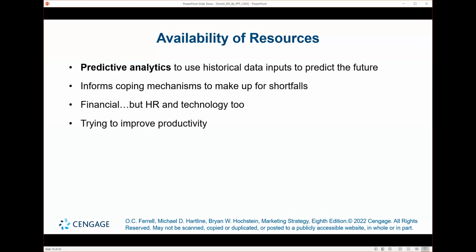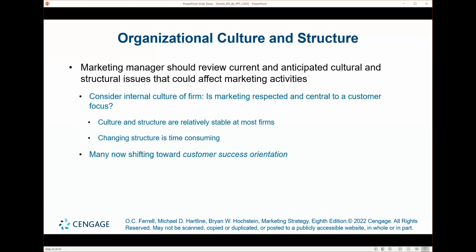But one of the things that you need to do in order to be successful is review the current and anticipated structural issues along with the organizational culture in which your companies live. Because hopefully from there, they can achieve some kinds of success. The internal culture of your firm, whether it's able to handle and anticipate change, can be one of the most fundamentally important things of all.